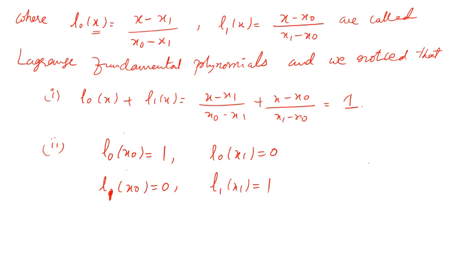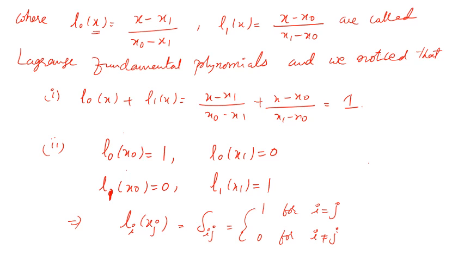In general, one can write these 1, 0, 1, 0 all together. These conditions can be written as Li of xj, with notation delta ij. Its value is 1 for i equal to j, and 0 for i not equal to j. These two are combined like this, Li of xj.